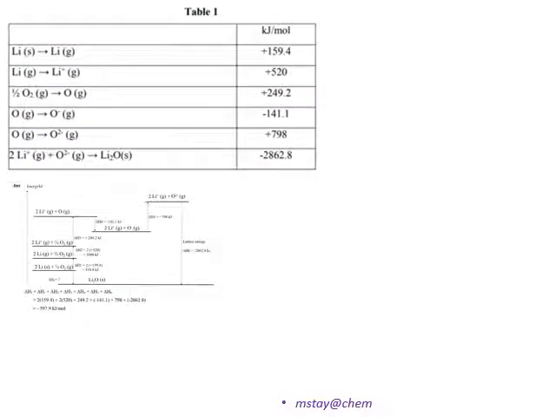Before we continue, draw the energy level diagram. Let's label again: this is atomization, this is ionization energy, atomization, first electron affinity, second electron affinity, and the last one is the lattice energy.